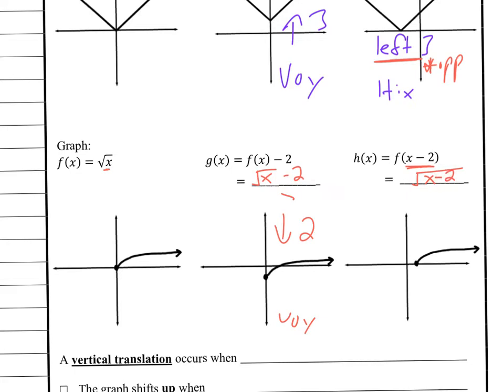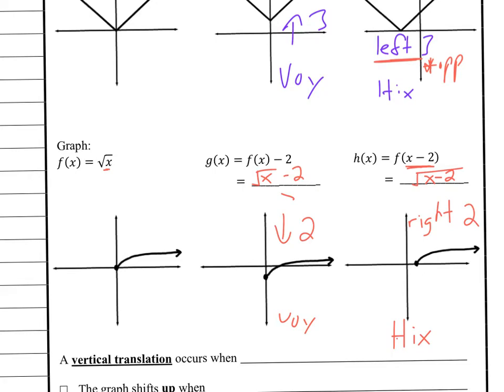Minus 2, most people think it's going to go left 2. They get that inside is a horizontal movement from Hicks. Okay, but you have to memorize that inside is going to be opposite what you would expect. So you think inside minus 2 means left 2, it's actually going to go right 2. So we have right 2.